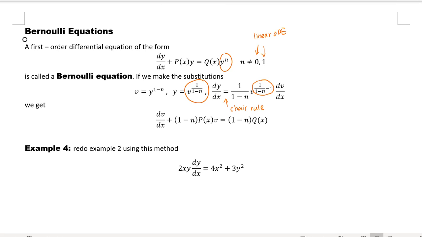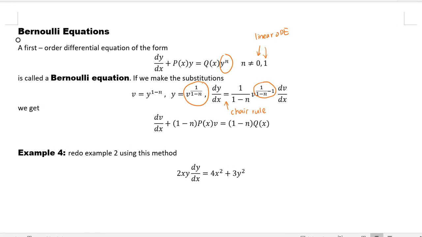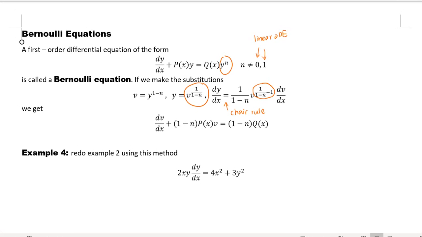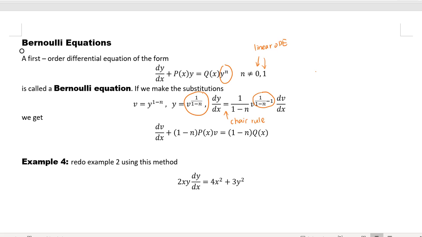Okay, and then put this into the differential equation. You get, okay, let's see. You get 1 over 1 minus n, v to the, here, this is the same as 1 minus n, and then 1 minus 1 plus n, right?